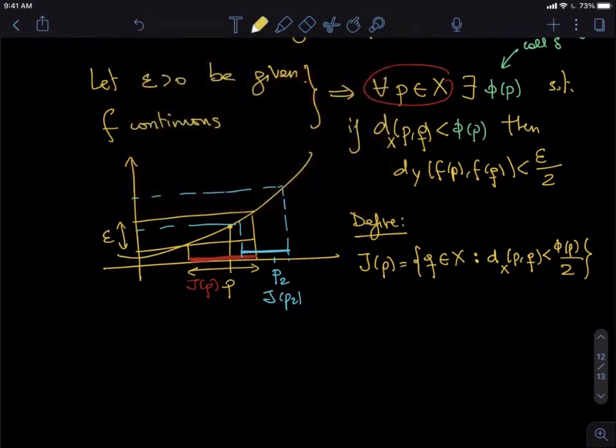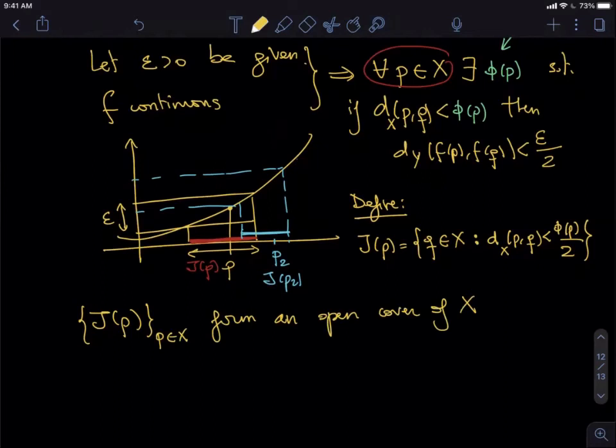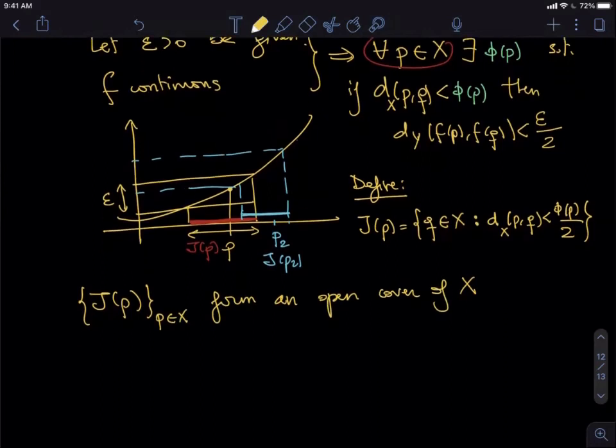But you get the idea. So now what is going to happen is that the J of P for P in X form an open cover of X. Because for every point in X, we have one of these. And all of them together, they are a collection of neighborhoods and they cover the whole of X. But guess what? Here is where we are going to use that X is compact.